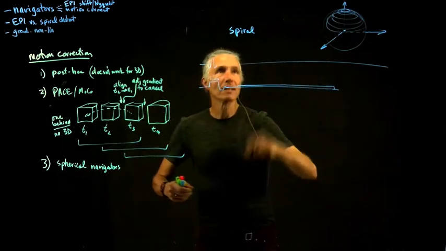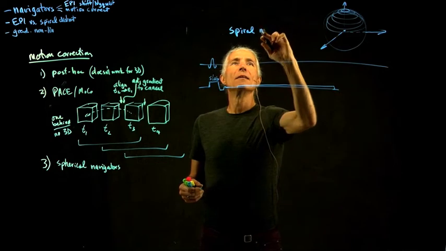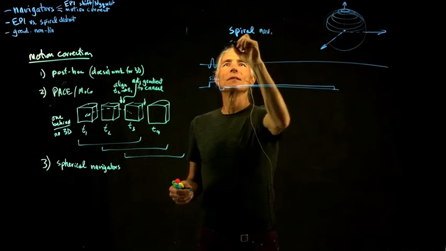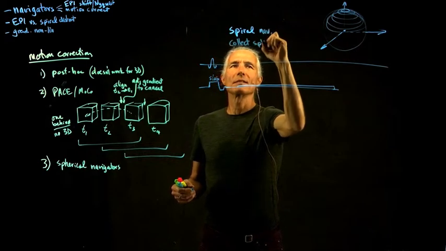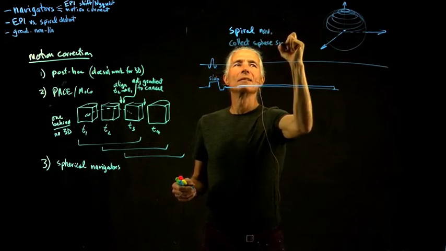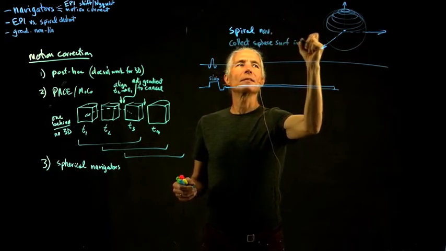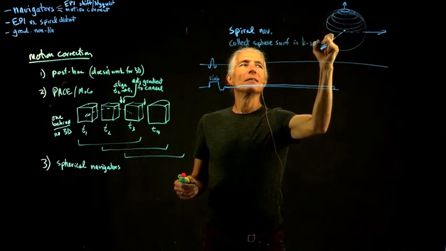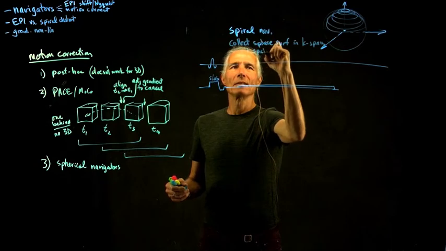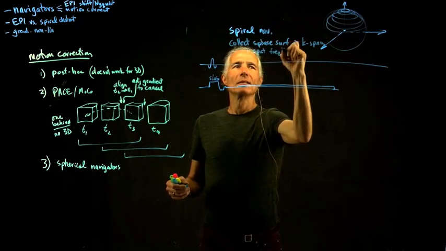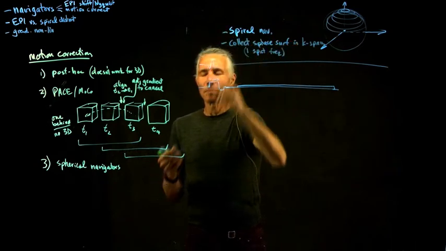So spiral navigator, spiral nav, collect a sphere surface in K-space. That's one spatial frequency.